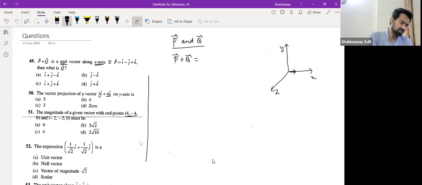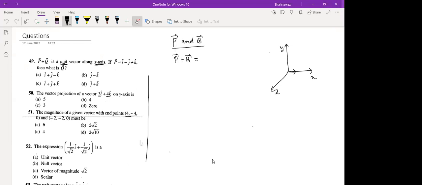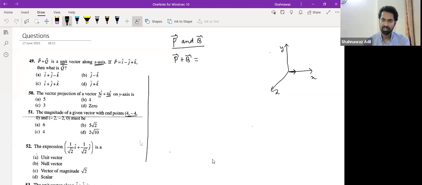We just talked about this a few minutes ago. Unit vector along the x direction is 1, but one is only a magnitude, right?